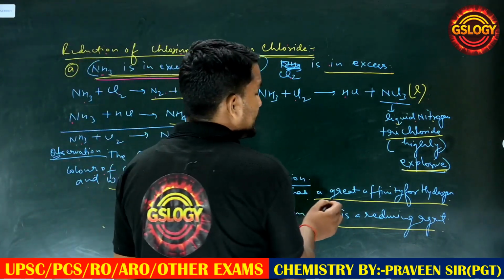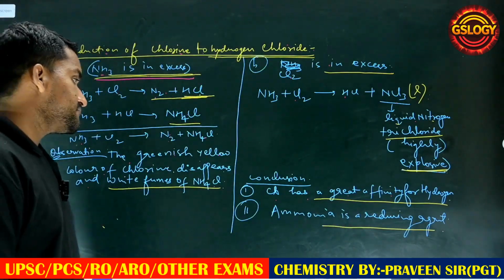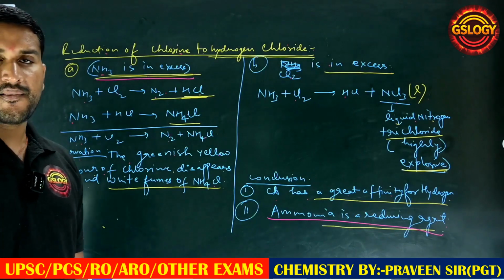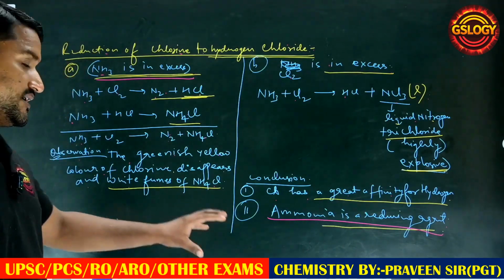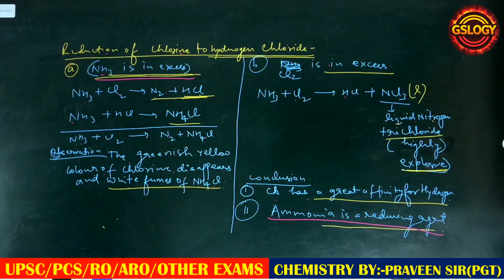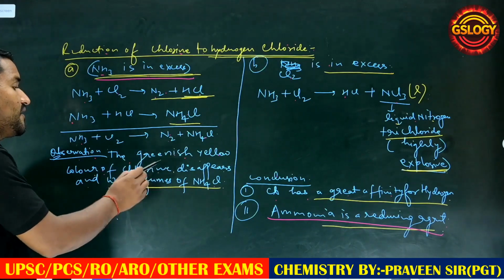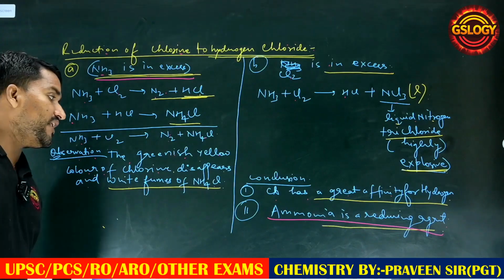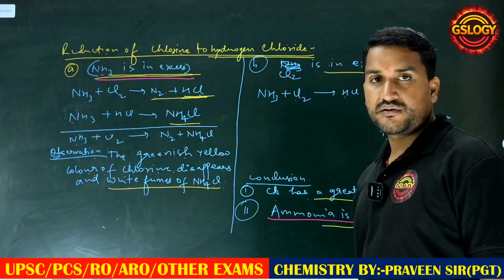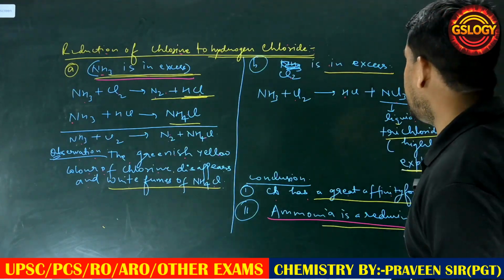Conclusion: chlorine has a great affinity for hydrogen, and ammonia is a reducing agent. So that is the conclusion when chlorine is in excess, but when ammonia is in excess, the greenish yellow color of chlorine disappears and white fumes of ammonium chloride form. Clear? So that is all about the reduction of chlorine to hydrogen chloride.